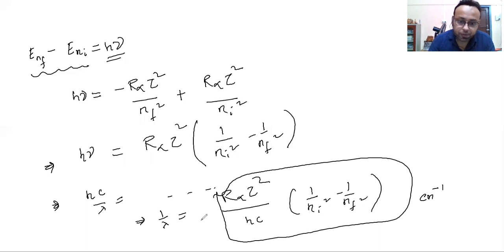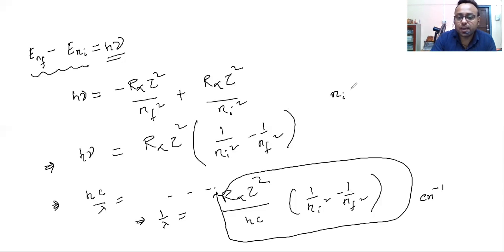Sometimes you can get negative, sometimes positive. Sometimes you will see n_i here and n_f there, and sometimes n_f here and n_i there. It depends upon whether you are talking about absorption spectra or emission spectra. If you are talking about absorption spectra, the initial level will be lower, meaning n equal to 1, for example.